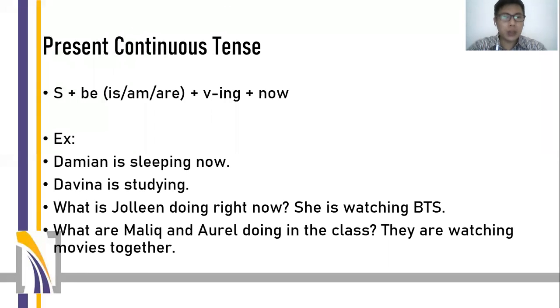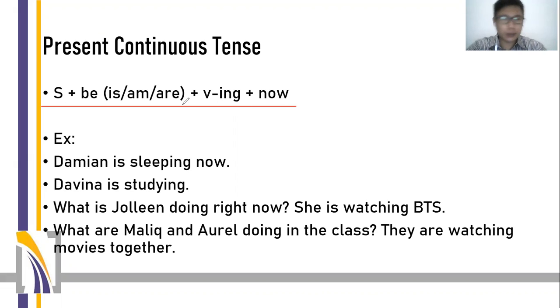Okay, let's move on to the continuous tense in the present, or present continuous tense. As you can see, you already can see the examples. There will be a lot of examples, but for now, let's focus on the formula first.